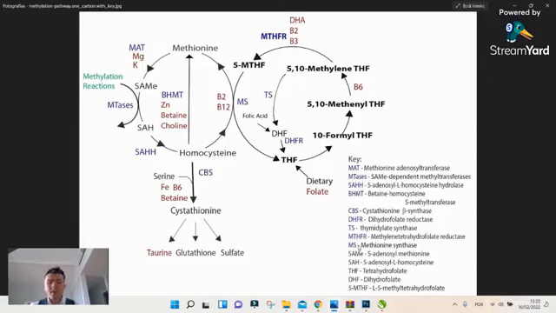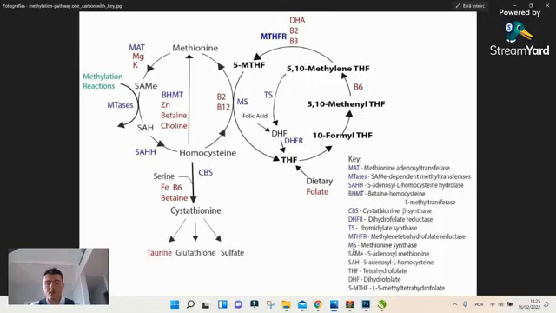I'm not exactly sure which one it is, but I know that one of these actually increases the transcription of these things. I think it might actually be CBS. I can't remember off the top of my head. I need to have a look at my chart. That'll help me remember.